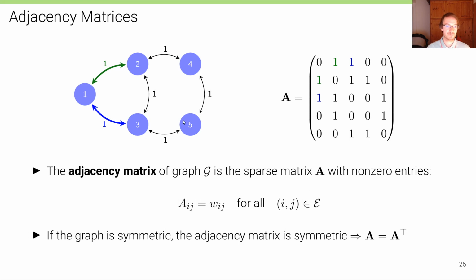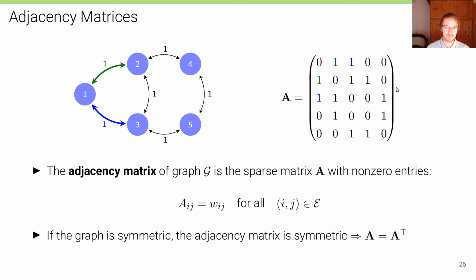So for instance, for this graph here, we have an edge between 1 and 2. This is the green edge, so we have a 1 at this location, which is in the first row and the second column. Similarly, because it's a symmetric graph, we have a 1 in the first column and the second row. W12 and W21. And the same holds, for instance, for this blue edge, where we have a 1 in row 1 and column 3, and in column 1 and row 3.